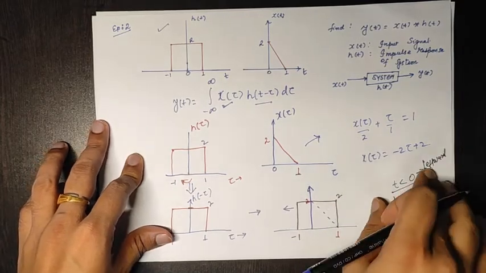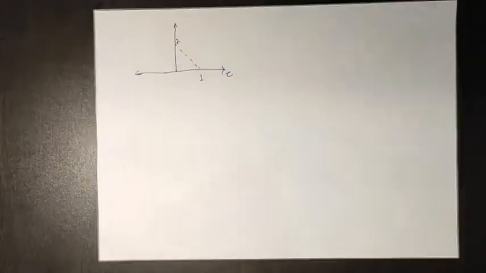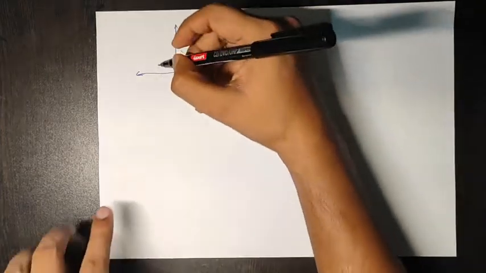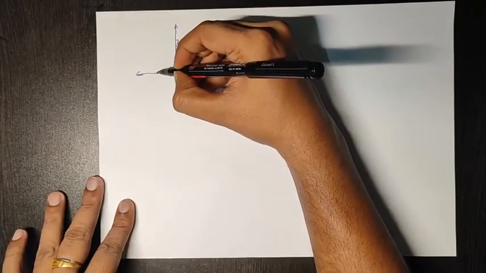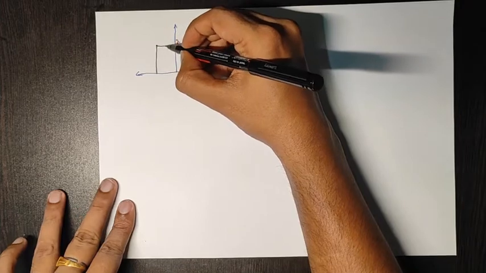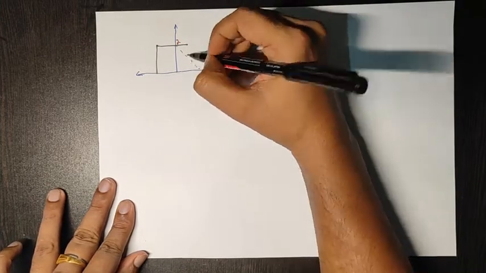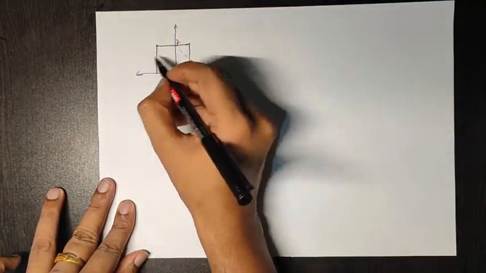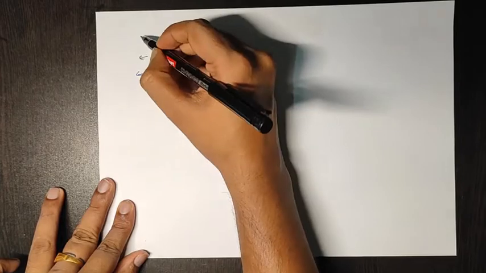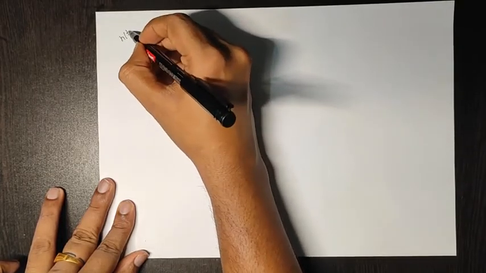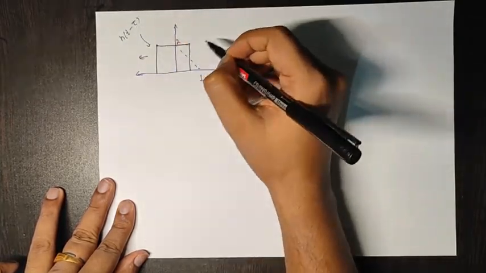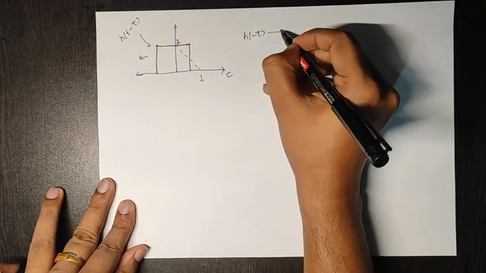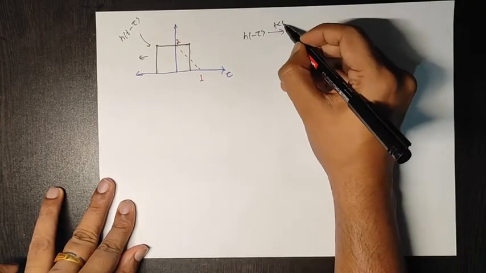So what will happen? We have shifted. This signal will now be termed h(t minus tau). It was initially h(minus tau), and we have done a leftward shifting for t less than 0.